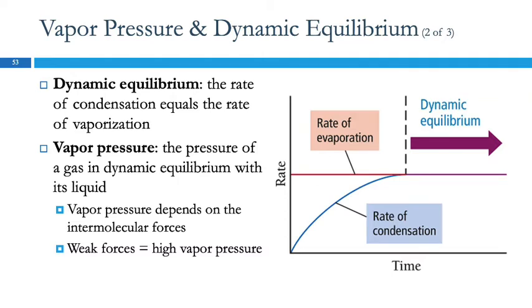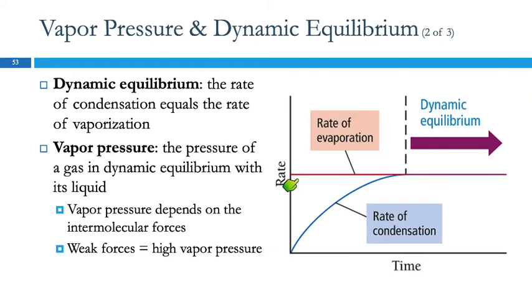So the vapor pressure of that gas is the pressure of a gas in dynamic equilibrium with its liquid. So it's the partial pressure of the gas when it's in a sealed container in equilibrium with its liquid. Okay? The vapor pressure will depend on the intermolecular forces.